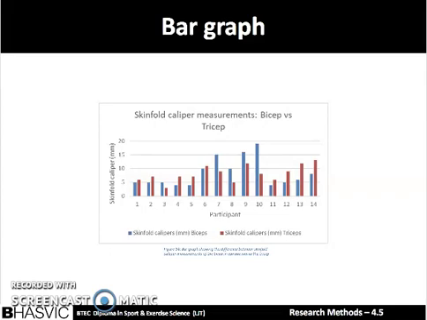Each participant has a bicep measurement and tricep measurement, and the bar graph plainly shows the difference between the two measurements. You might find trends from this, so you might find that all of the tricep measurements are higher than the bicep, just allows you to show the trends in difference between the categories.